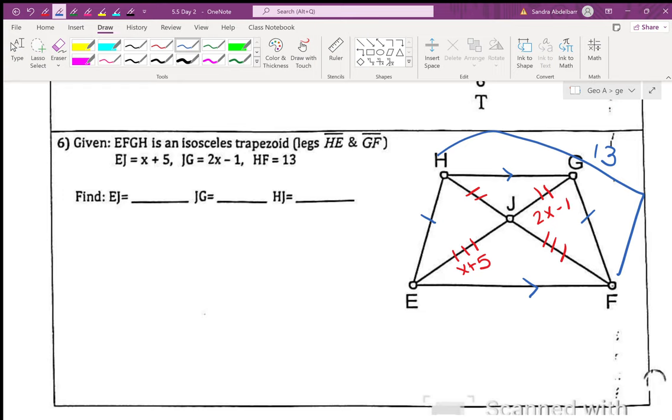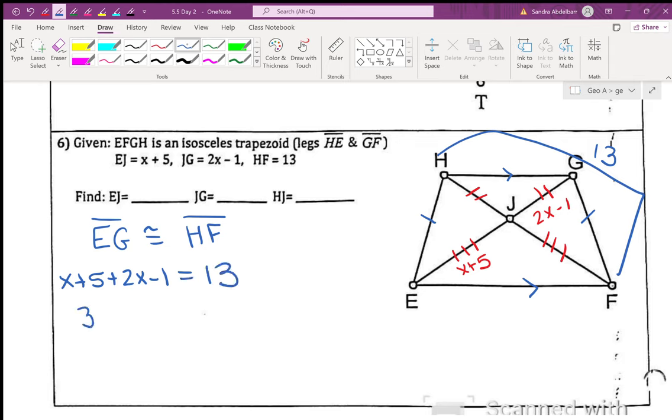Well, if I want to find E to J, we have to solve for x. Well, isn't all of EG equal to all of HF since the diagonals are congruent? So that's where we're going to start. So we're going to say EG is congruent to HF. So what does that mean? That means x plus 5 plus 2x minus 1 has to equal 13.